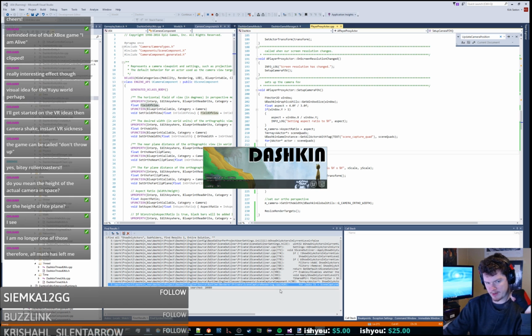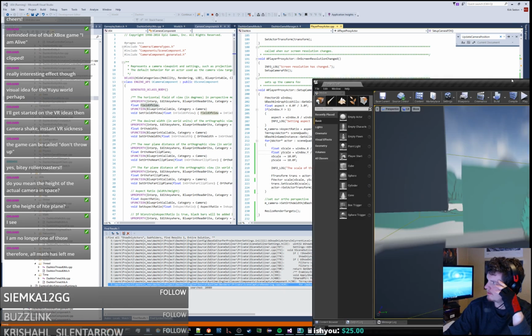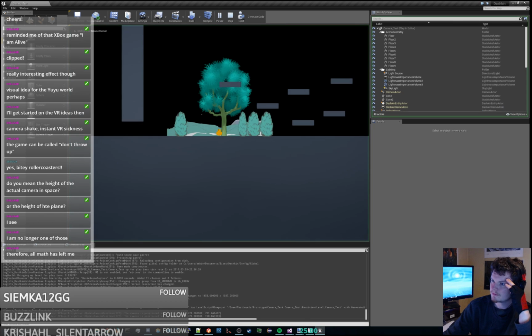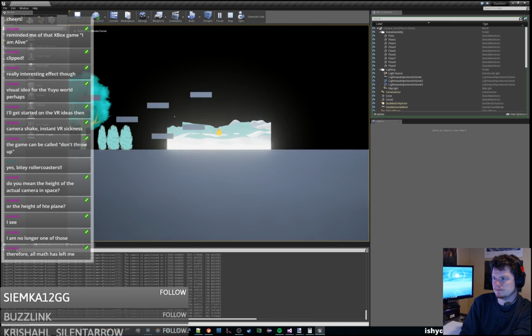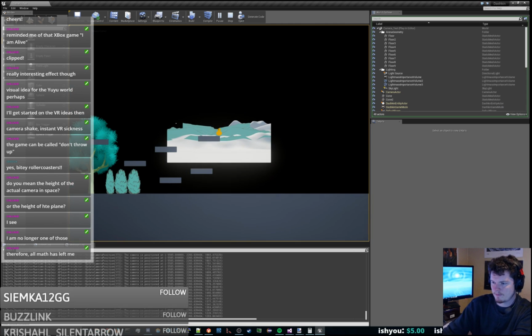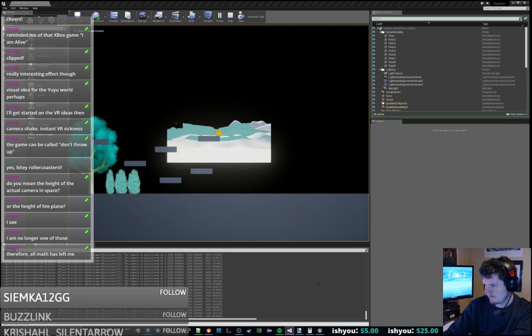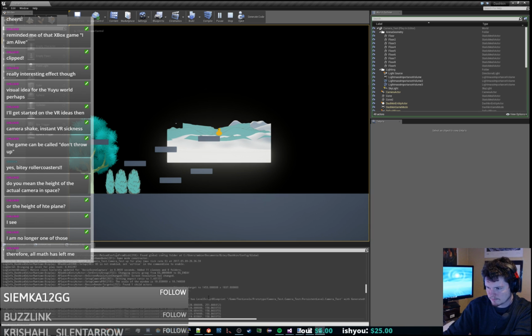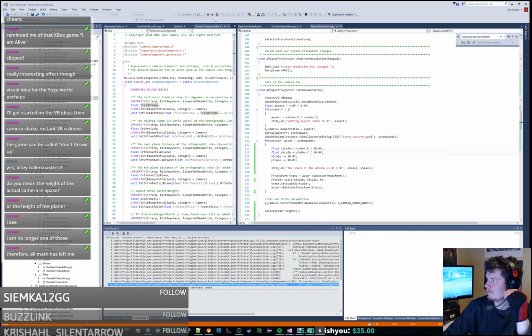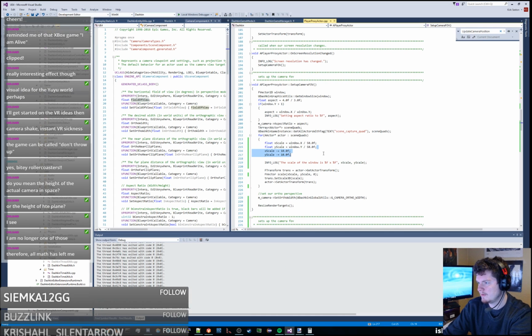Just way out of practice with actual gameplay math. I mean, literally, the scale is off by, because it's an orthographic projection, not the rest. So.